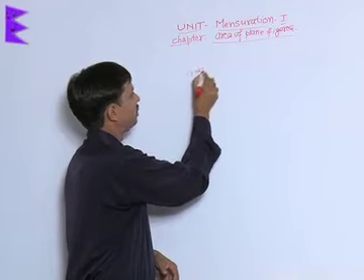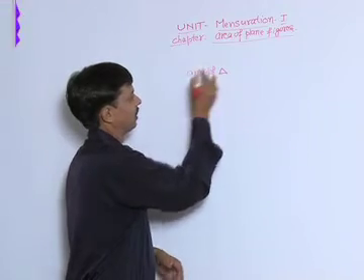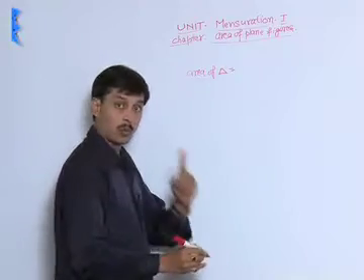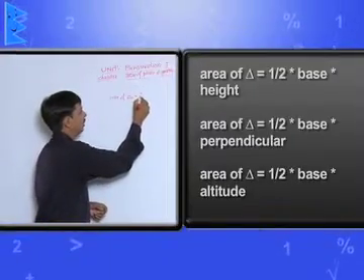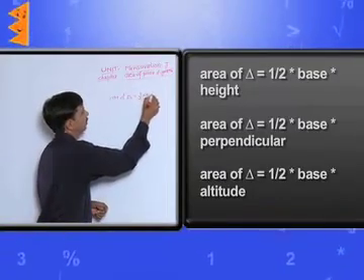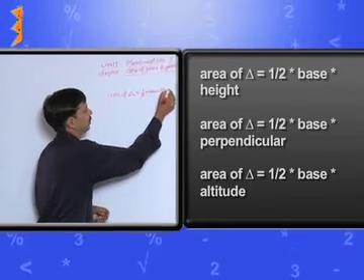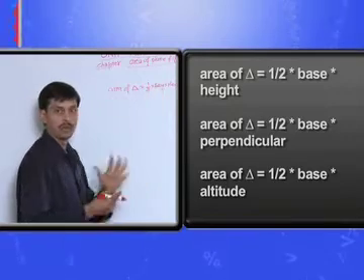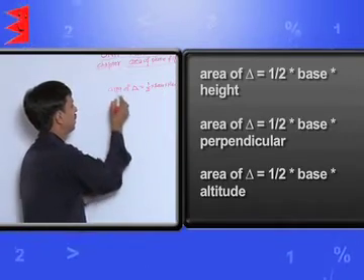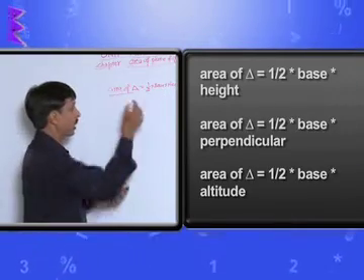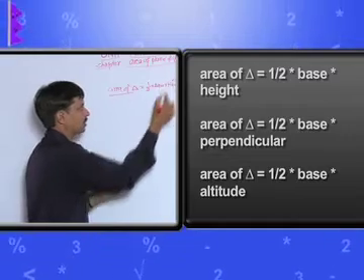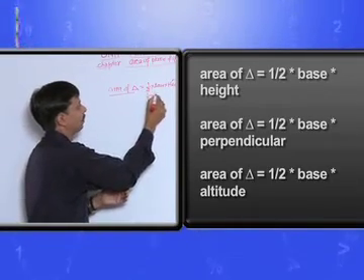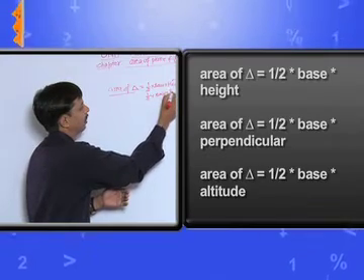First of all, if I say area of triangle, one of the formulas is half into base into height. We say half of base into height, or sometimes we say half base into perpendicular. Number one, this is the area of a triangle. If in place of height someone says perpendicular, you can say it is half base into perpendicular.